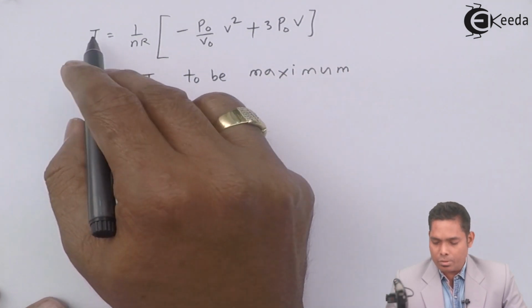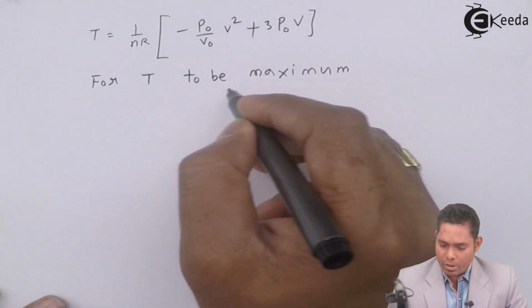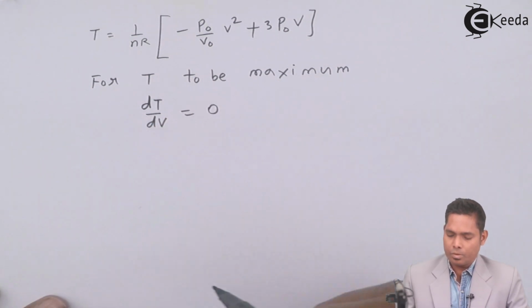I have to differentiate this with respect to V. V is the variable here. For maximum, dT over dV should be equal to 0.